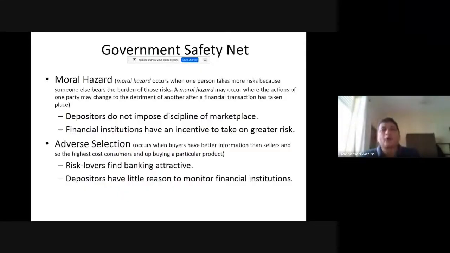So moral hazard, what and how does moral hazard take place now? Moral hazard occurs when one person takes more risk because someone else bears the burden of those risks, right? So now there's a safety net. It's not only the depositors, but also the management of financial intermediaries.